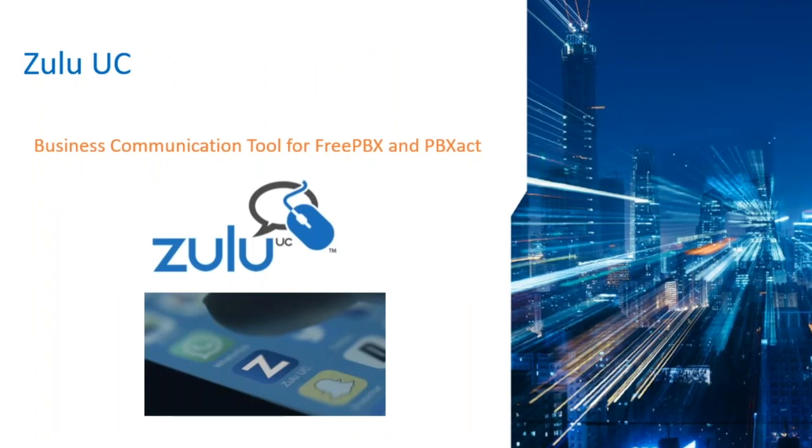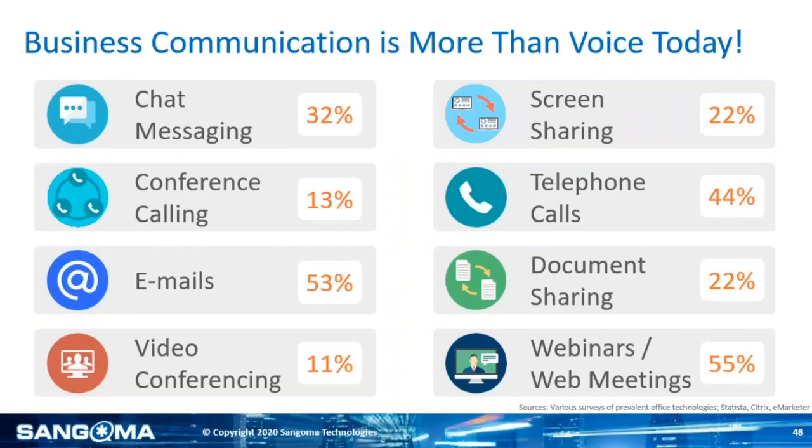All right, so I'm about to go into Zulu UC. Zulu is our productivity tool for the desktop and mobile phone that allows you to very quickly see if someone's on a phone call, if someone's showing that they're present or available, and it allows you to decide how you're going to communicate with them, right?